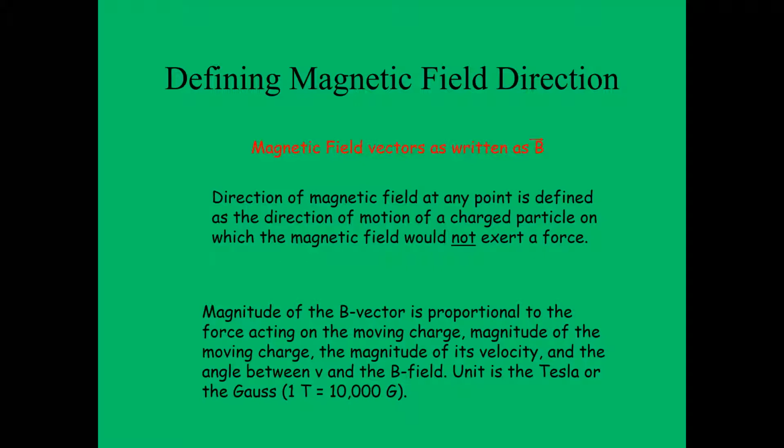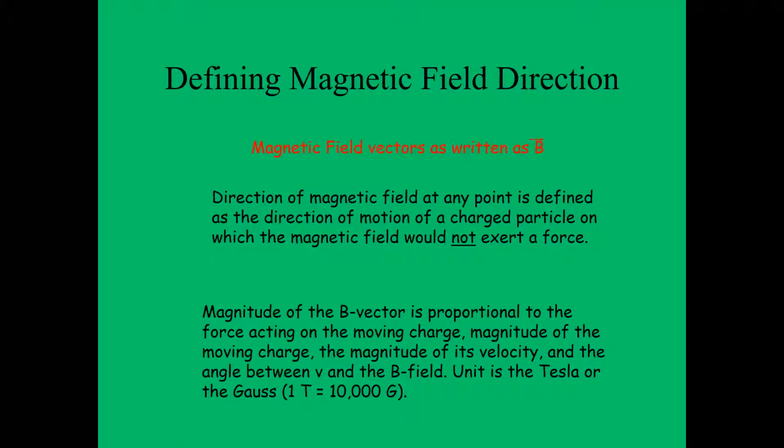The direction of the magnetic field is a vector quantity because along with the magnitude, the direction of the magnetic field is also very important. The direction of the magnetic field at any point is defined as the direction of motion of a charged particle on which the magnetic field would not exert a force. The magnitude of the B vector is proportional to the force acting on the moving charge, the magnitude of the moving charge, the magnitude of its velocity, and the angle between v and the magnetic field.